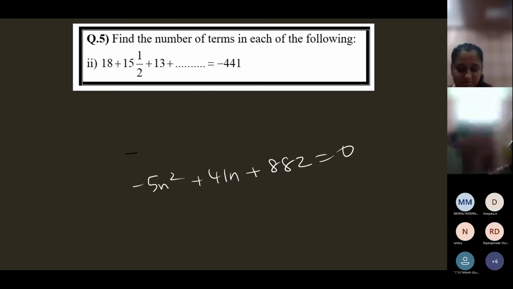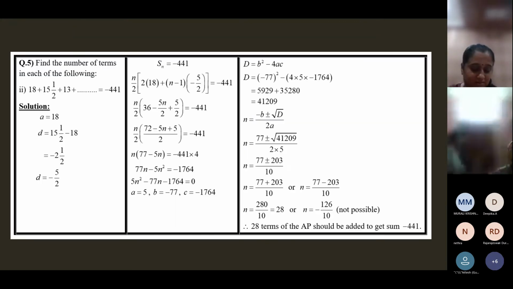Sneha, very good. Yeah, I've got from Rajeshwari, Sneha. 5n square minus 77n plus 1764. I'm having 5n square minus.